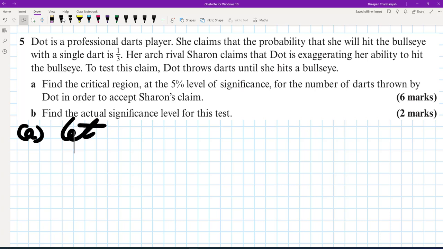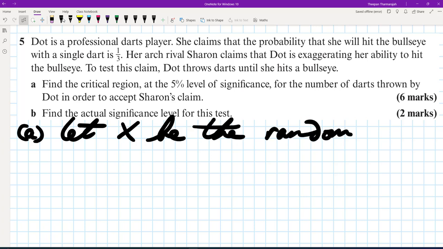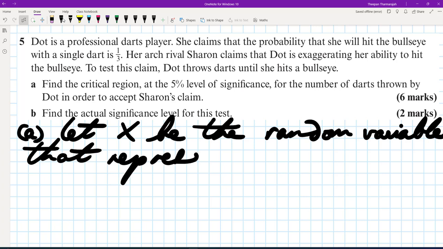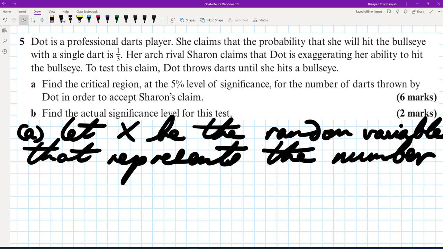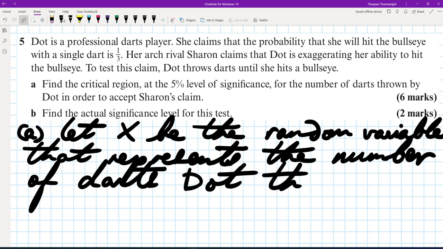We're going to say let X be the random variable that represents the number of darts Dot throws until she hits a bullseye.